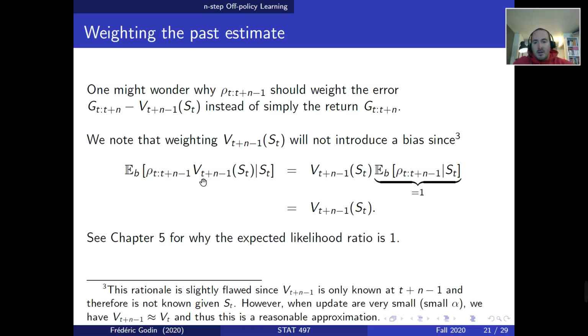So although S t can be treated as a constant if we condition on S t, the function V cannot. However, in practice, because updates on the value function are very small, this will approximately be equal to V t. Okay, and in this case, we could take out this term in the conditional expectation because V t is a quantity known by time t. So this is not entirely true, but it's a very good approximation of reality.